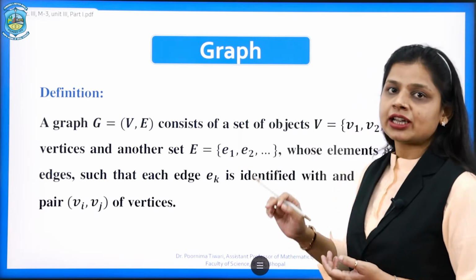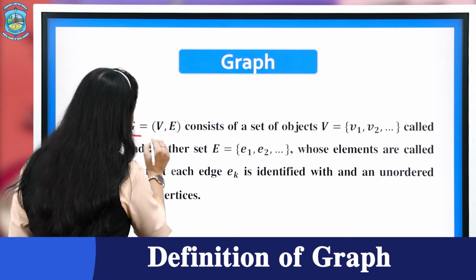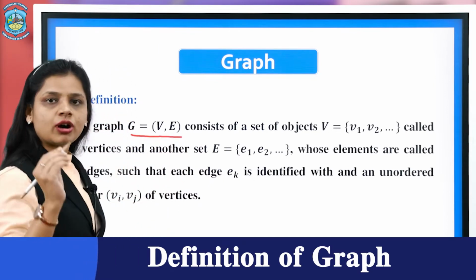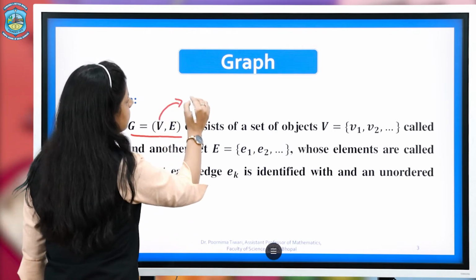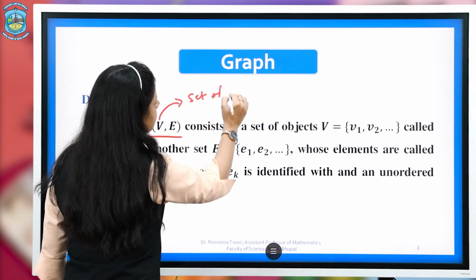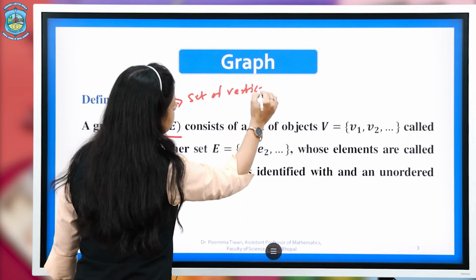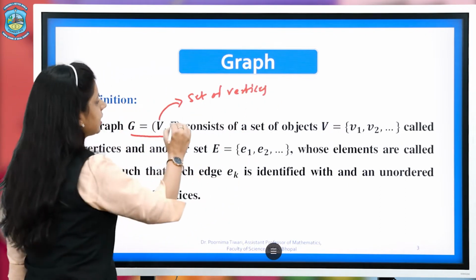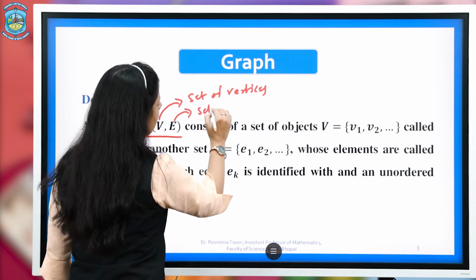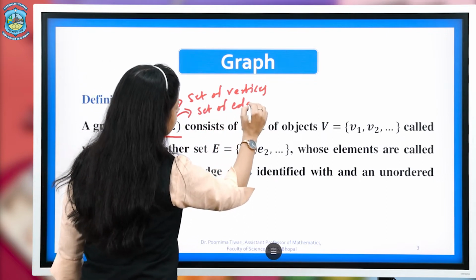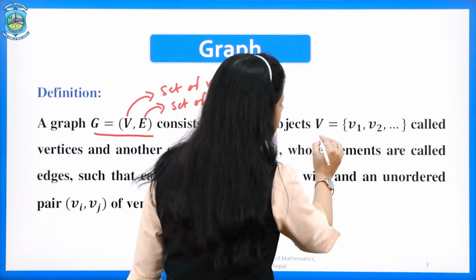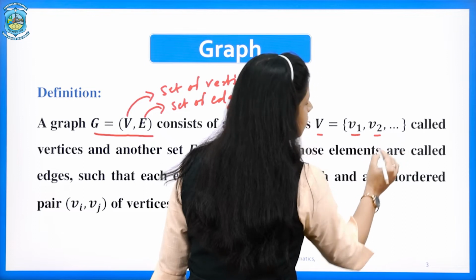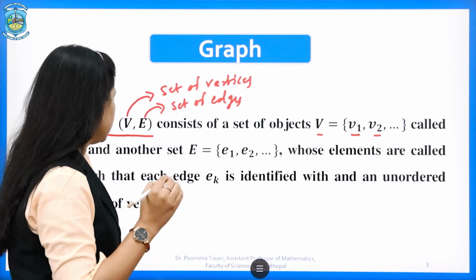Let us start with the definition of graph. A graph is represented by G equal to ordered pair of V, E, where this set V is set of vertices and another set E is set of edges. Elements of this set V are V1, V2, V3 and so on.